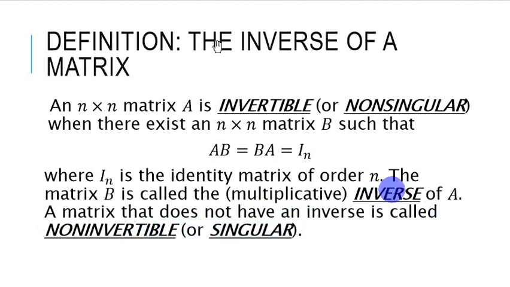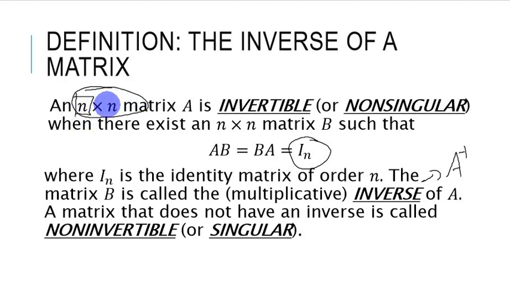Most of the time when we talk of inverse, we symbolize it as A with a negative 1 as an exponent. So this is the symbol that we can use for the inverse of A. So B will be the inverse of A, provided that if we multiply A to B and then B to A, it will give an identity of order n.